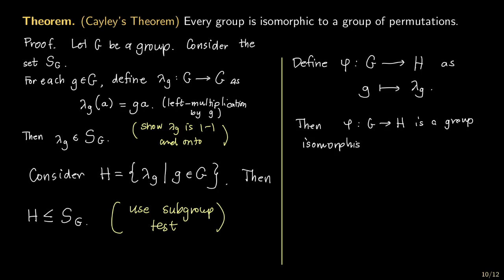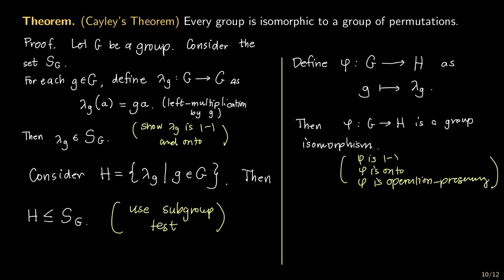How do you show that phi is a group isomorphism? There are 3 steps. Show that phi is one-to-one, phi is onto, and phi is operation preserving. Do you remember this? Okay, that's it.